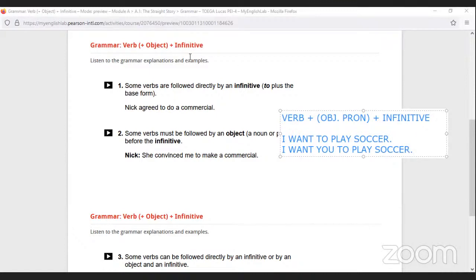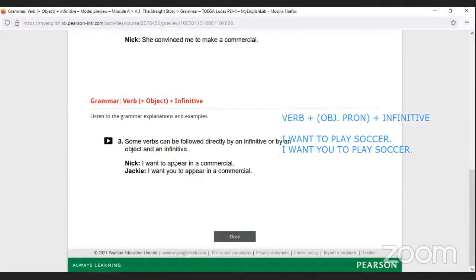So the only example that we're gonna see here is this. I want to appear in a commercial. So he is talking only about himself. I want to appear. But Jackie says, I want you to appear in a commercial. So we have a third person here. That is the only thing.